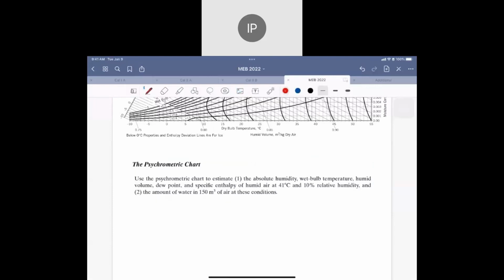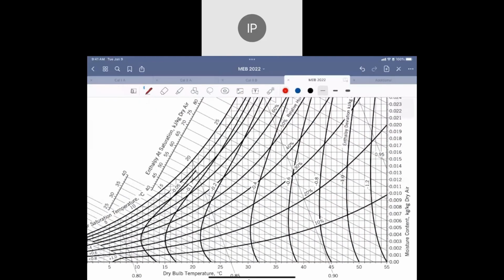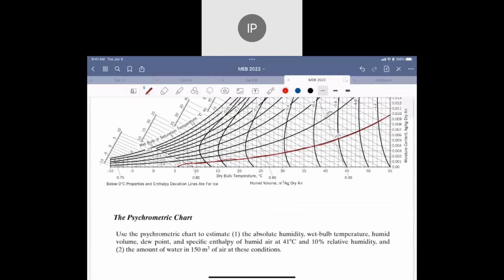Okay, so we could start with the 10%. So 10% is here. This is the 10%.